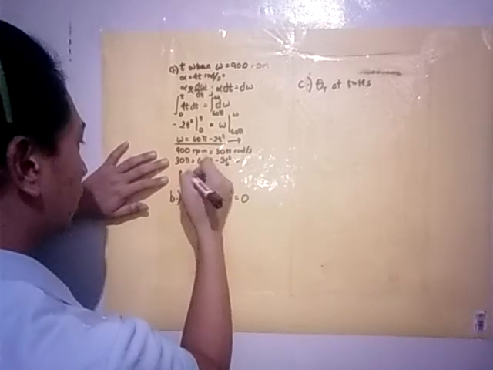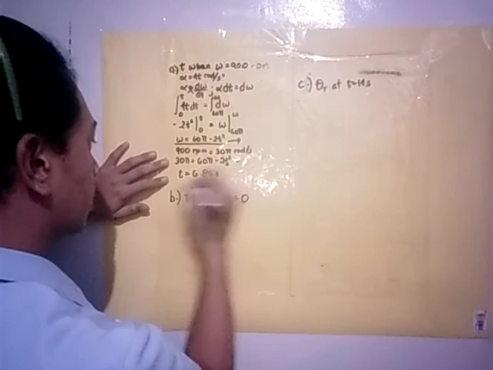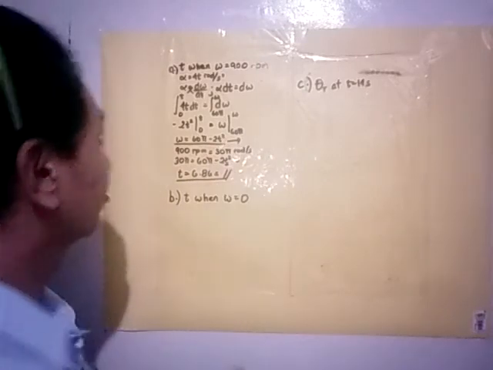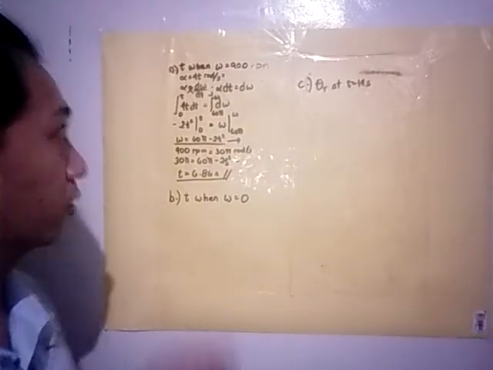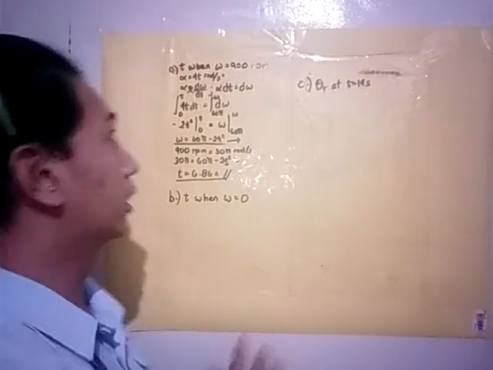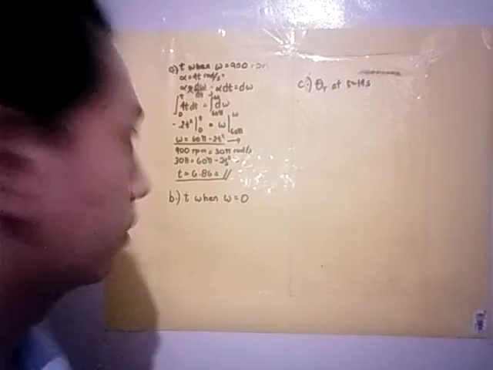So, t here is 6.86 seconds. So, 6.86 seconds is the time required for our 1,800 RPM to become 900 RPM with the torque application.